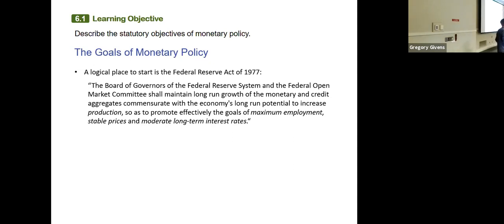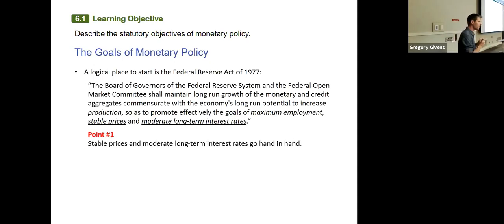It wasn't really until the trauma of the Great Depression that policymakers started to realize the important role that the Fed could play in trying to dampen those business cycles, all right? And now we know that the Fed is probably the most important policy institution for trying to stabilize the economy in the short run.